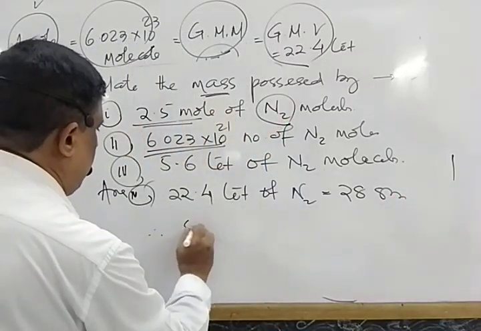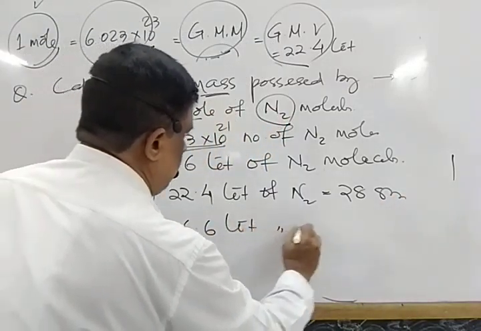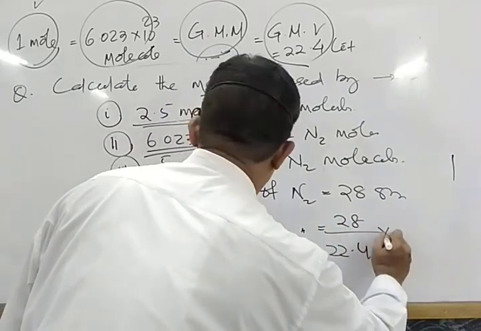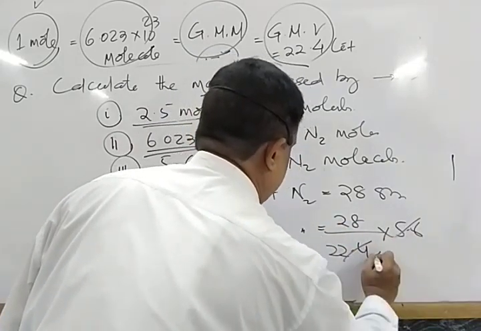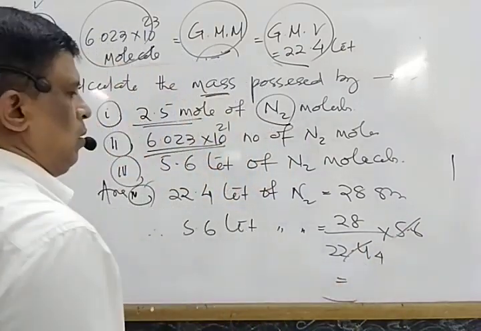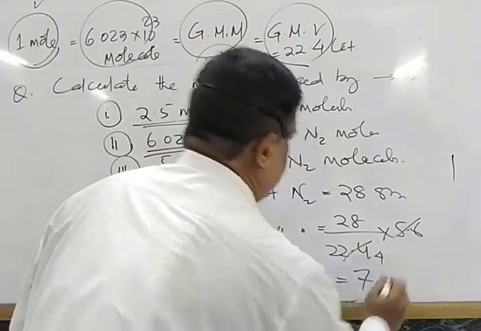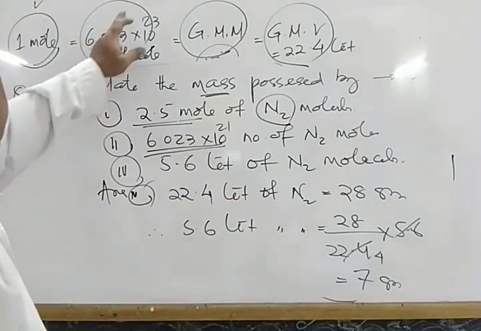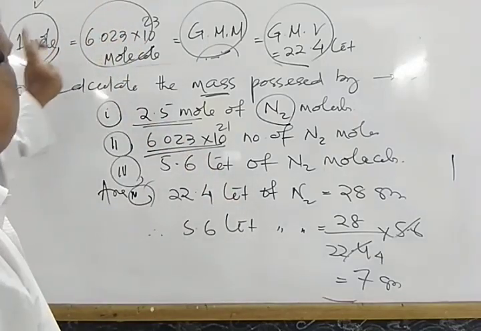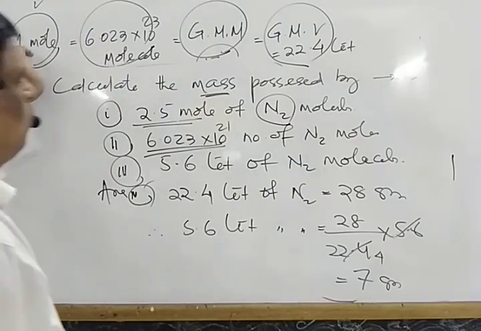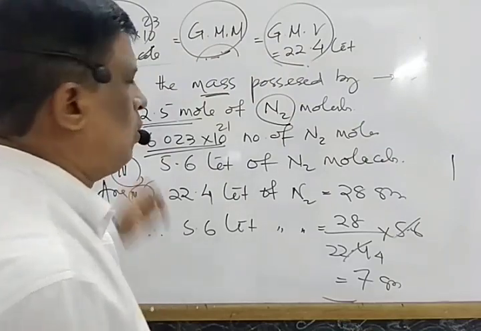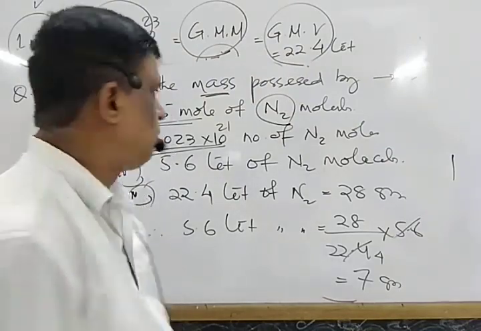Therefore, 5.6 liter of N2 possesses 28 by 22.4 into 5.6, that is 7 gram. Okay, so we deduce the relationship of mole with molecules, mole with mass, and next we calculate volume with the other three. Like that.